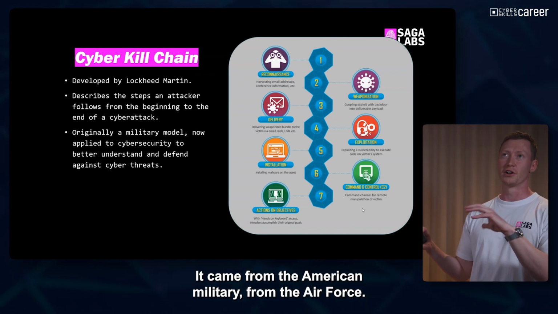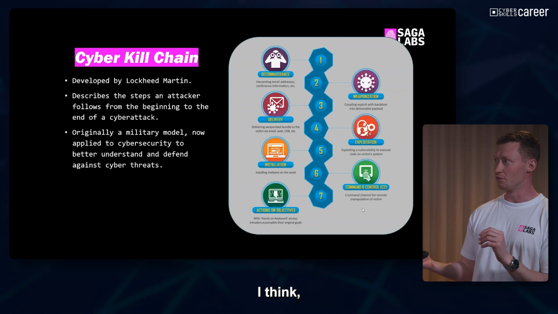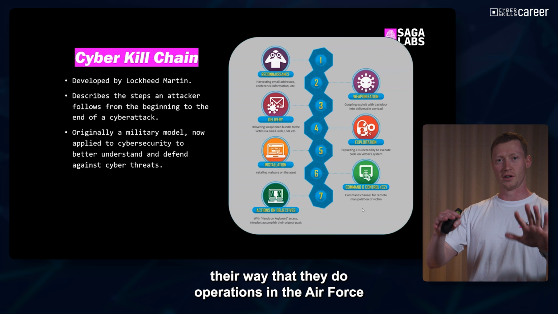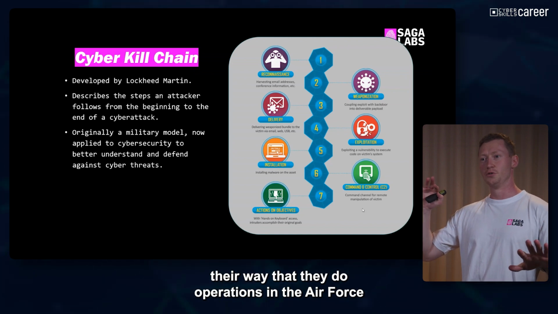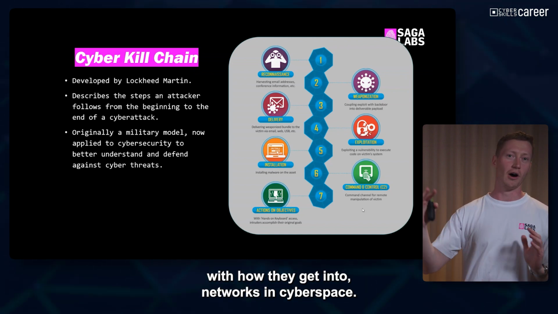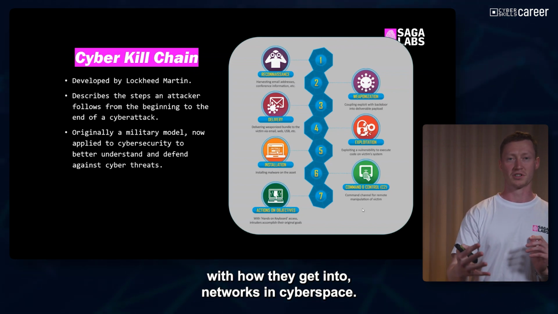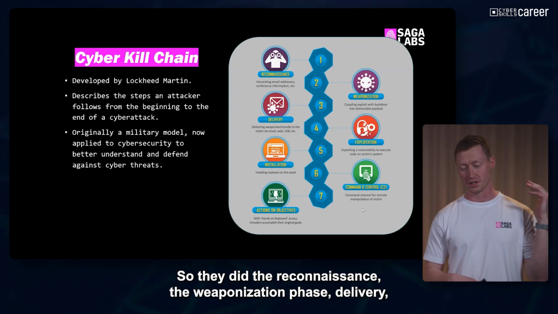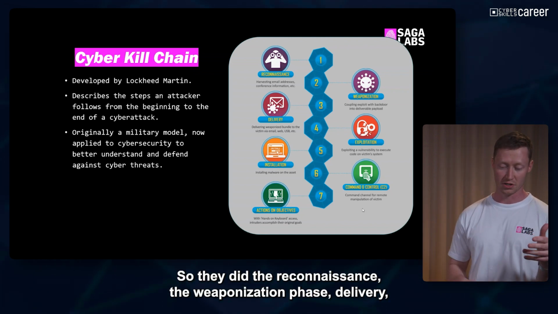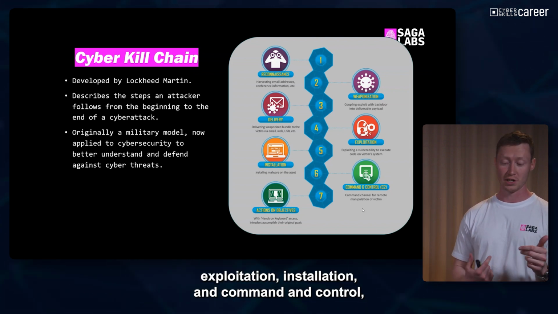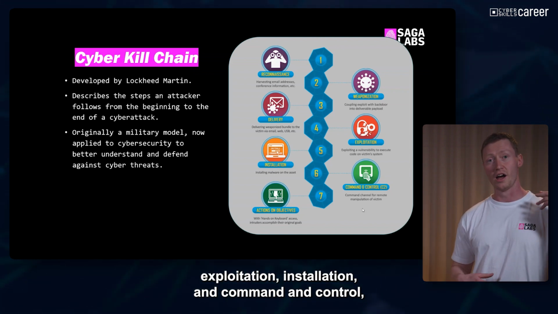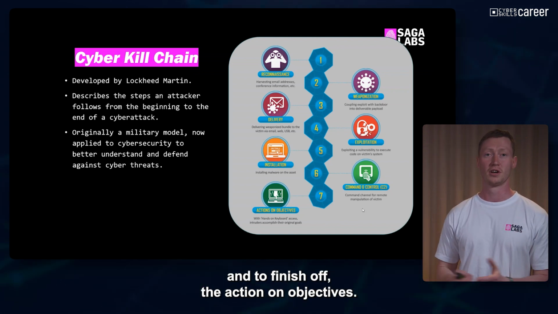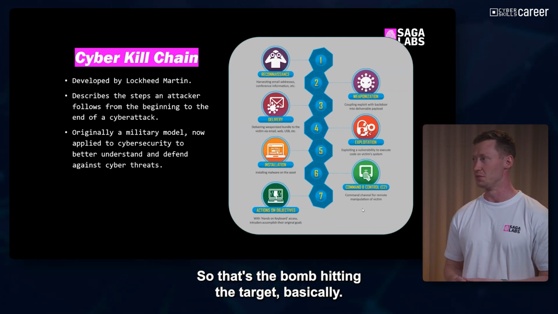It came from the American military, from the Air Force I think, where they compared how they do operations in the Air Force with how adversaries get into networks in cyberspace. They made seven steps: reconnaissance, weaponization, delivery, exploitation, installation, command and control, and finally action on objectives. That's the bomb hitting the target, basically.